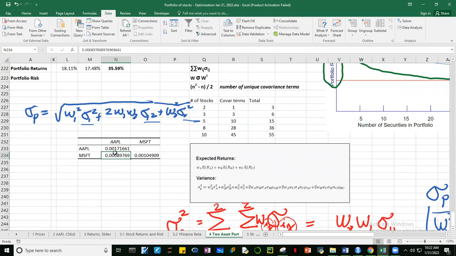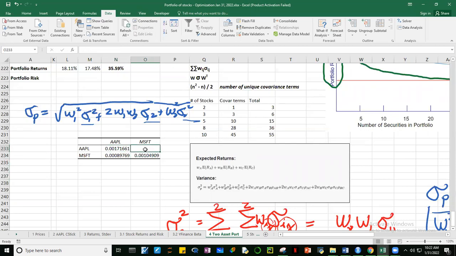So unang-una kasi iba dito naka-formula, no? Naka-formula to. So let's copy this, Control C, and then i-paste na lang natin na number na lang, values na lang para mawala yung formula. Natanggal na yung formula.